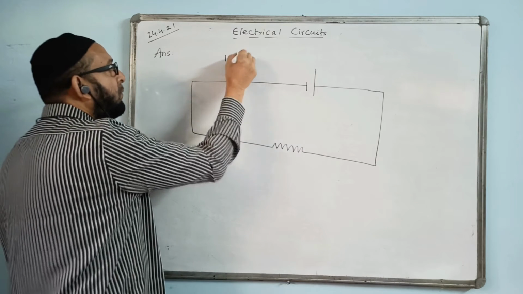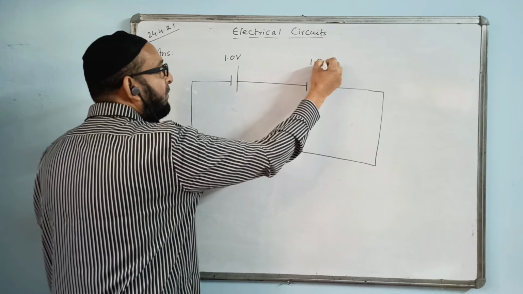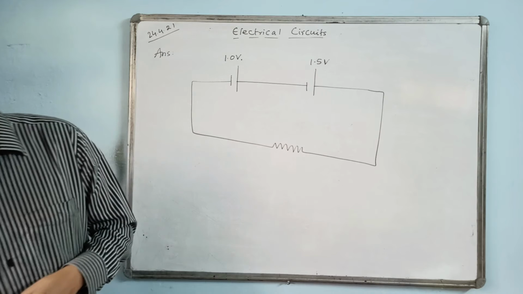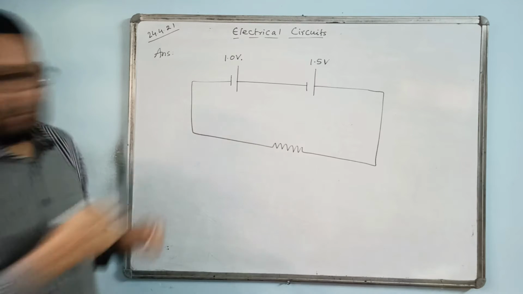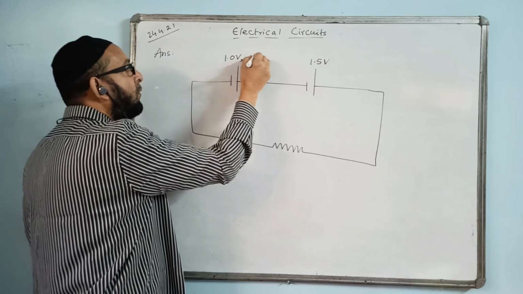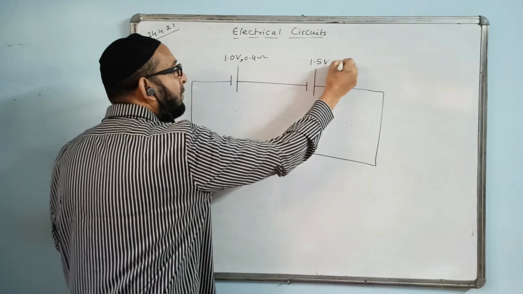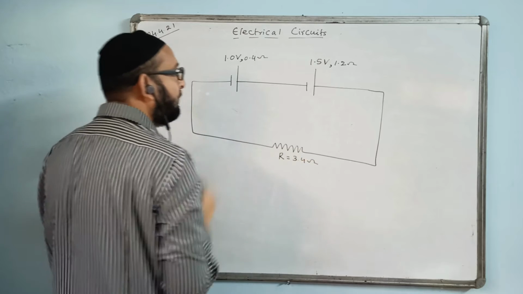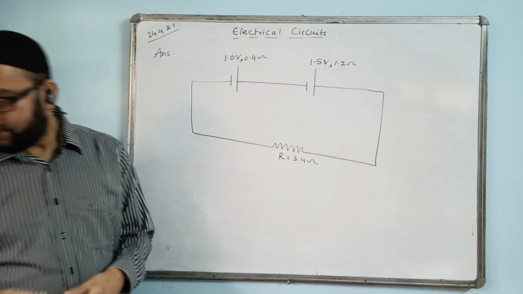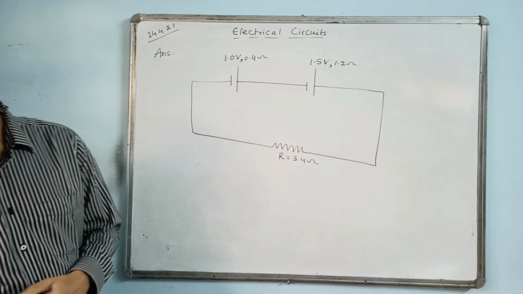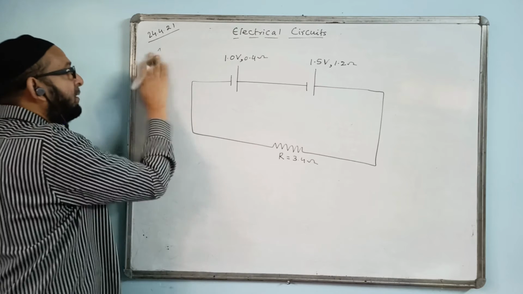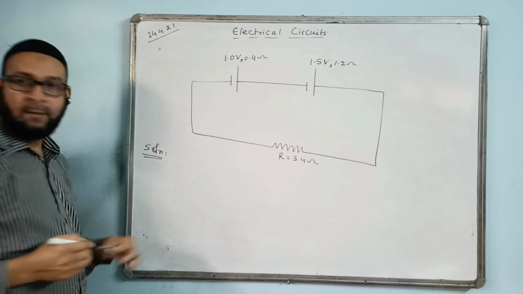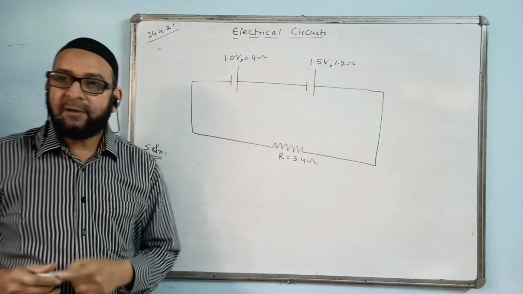This is 1.0 volt, this is 1.5 volt, 0.4 ohm, 1.2 ohm, R is equal to 3.4 ohm. Here is the figure given. Yes. Now we find the solution here. Can you see the figure?